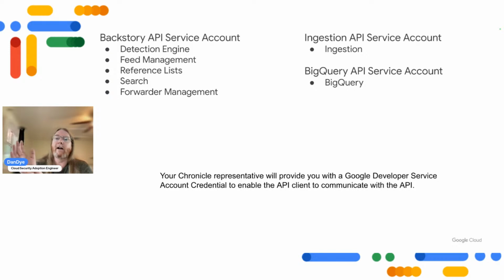And then this table maps the three different service accounts that I had for the various APIs. Backstory and ingestion are the ones that I was confusing. So let me show you the difference in the client emails between those two.